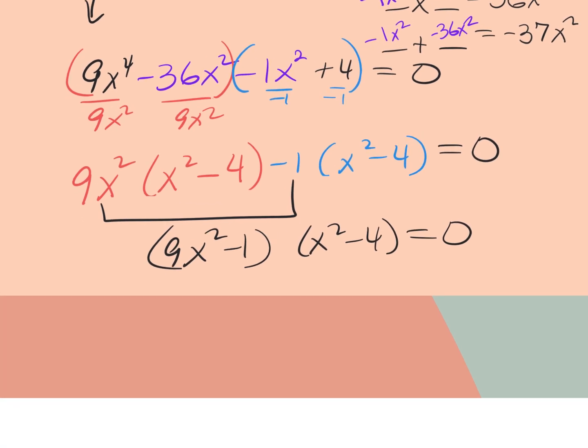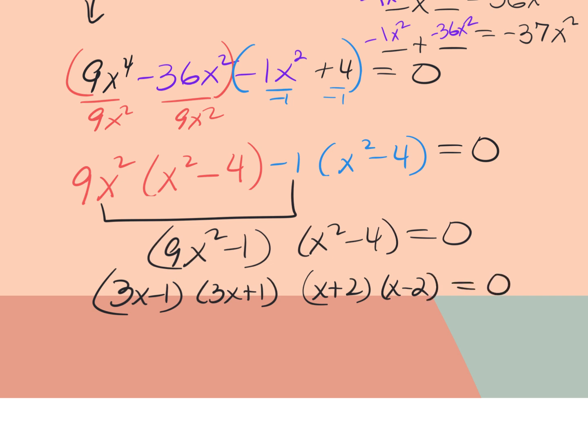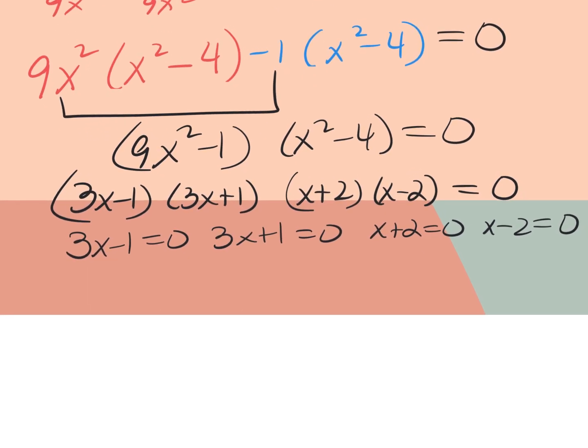So this will factor into 3x minus 1, 3x plus 1, and this one will be x plus 2, x minus 2, and now set all four binomials equal to 0. So 3x minus 1 equals 0, 3x plus 1 equals 0, x plus 2 equals 0, and x minus 2 equals 0. So I'm going to solve all of them.